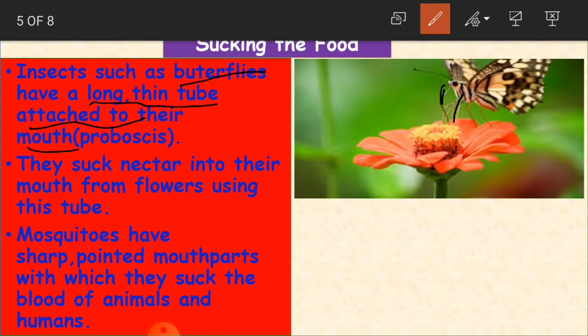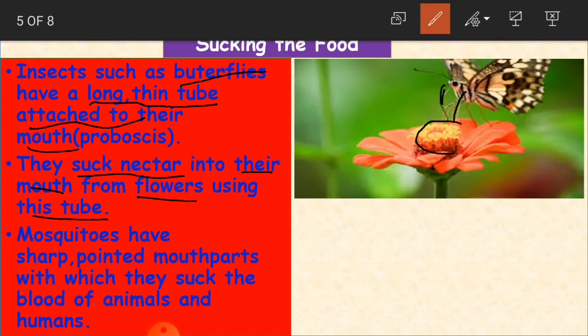The nose of the animal. For example, here this nose is like a tube in the butterfly. It is just like a tube. Through this, it sucks the nectar from flowers into its mouth. That's what I said. So it has a tube type of mouth, and this is able to suck the nectar.